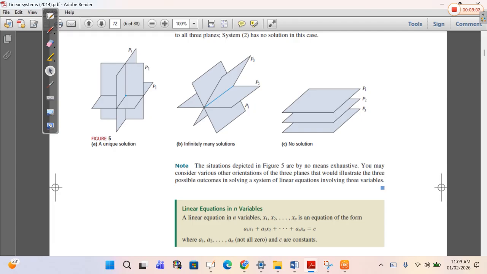All the 3 planes are meeting at one point. That means it has only one solution. But here, all the 3 planes are meeting at more than one point. That is why we call it infinitely many solutions. There is more than one solution. And here, there is no meeting point. That means there is no solution for such a problem.